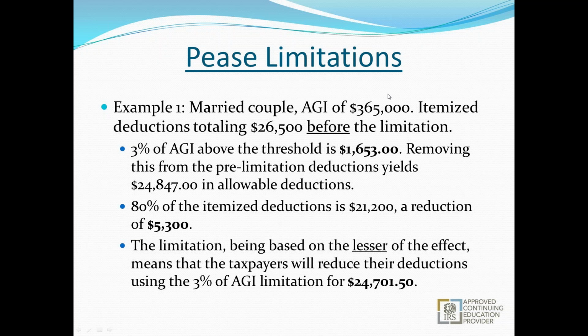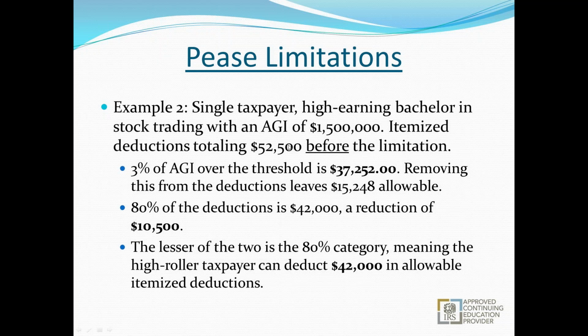The next example we are going to be covering is for a single taxpayer. He's a high-earning bachelor. He's basically living in New York City. He goes to the stock exchange. He's making $1.5 million a year. He's got itemized deductions of $52,500 before the limitation. 3% of that AGI is $37,252.